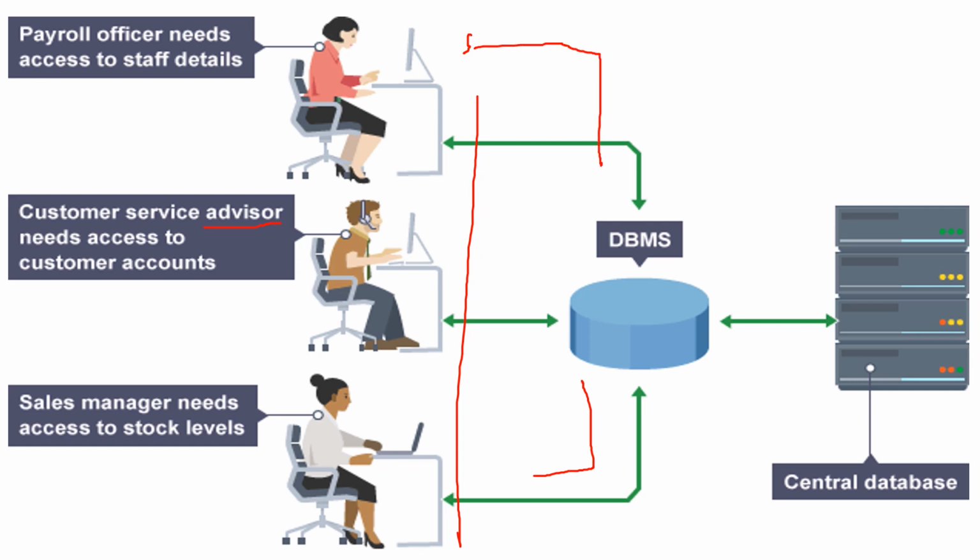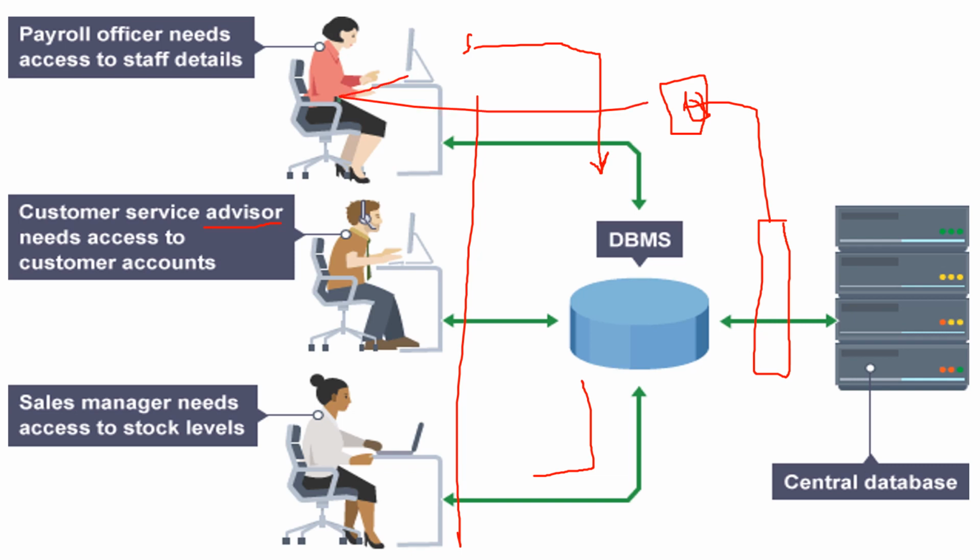Then the DBMS will first analyze this view, analyze the subschema and match it with the conceptual view of the database, and then retrieve the data through proper access method or software, and then store it in temporary memory, let's say to be accessed by the payroll officer.